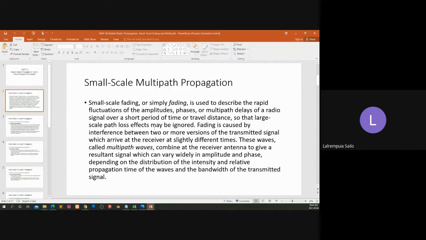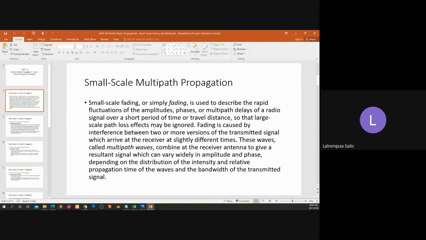Two or more versions means one path arrives, another path arrives, another path arrives. These are reflected by different objects like buildings, a mountain, blocks of wood, or blocks of copper, anything can reflect it.